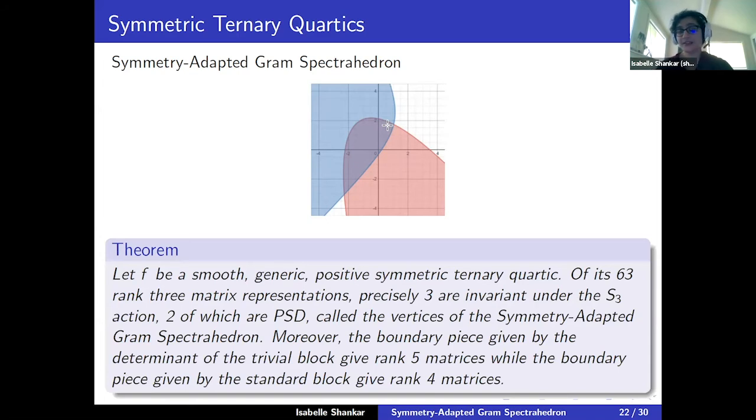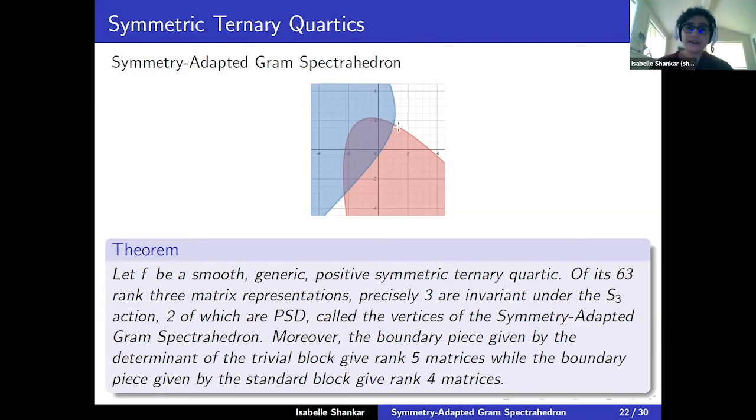And we can in fact completely describe the boundary of this. In particular, as I mentioned earlier, the rank of matrices in the spectrahedra corresponds to the number of squares in your sums of squares decomposition. So we're interested in understanding the rank along the boundary.